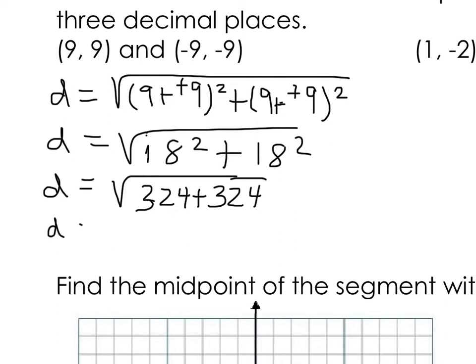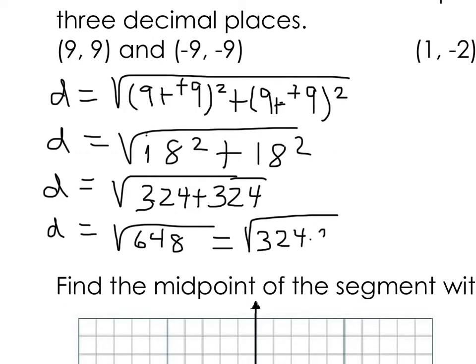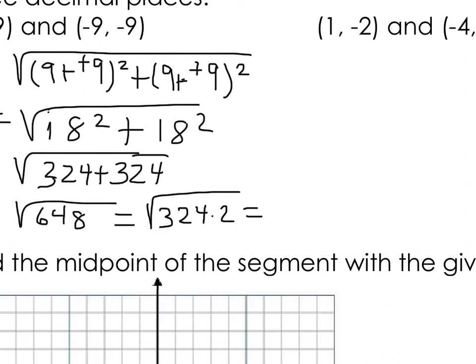So it's the square root of 648. That's the square root of 324 times 2. And the square root of 324 we know is 18. If we're doing this as an application problem, we might need a decimal approximation of it.